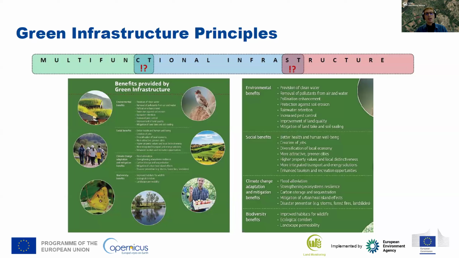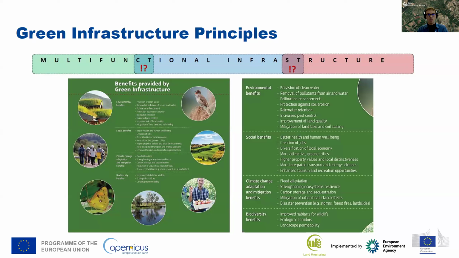Briefly, I won't repeat what was mentioned about ecosystem services, but I think that's key, because from my experience, the products that you produce are really influencing the way we address this concept of multifunctional green infrastructure.